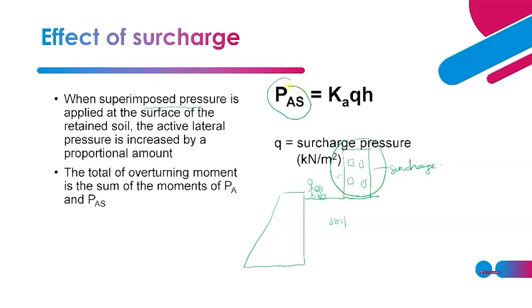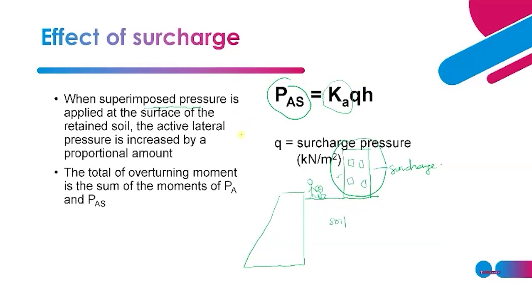Symbol for surcharge is PAS. Sama juga masih lagi pakai KA. Okay, kenapa KA? Because surcharge only ada dekat soil. Retain granular material. Surcharge tak ada dekat water. Water is not like soil. Soil dia, let's say you put anything on top of the soil, soil tu akan mampat kan, how to say. Kalau water dia akan melimpah dia keluar.